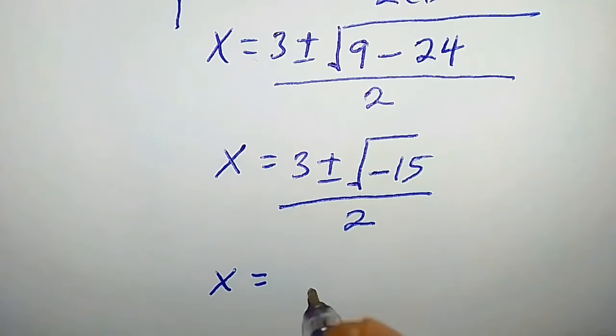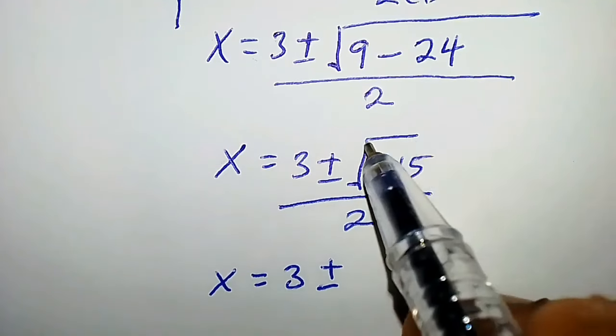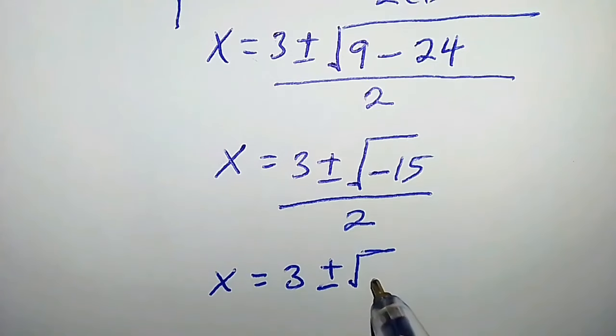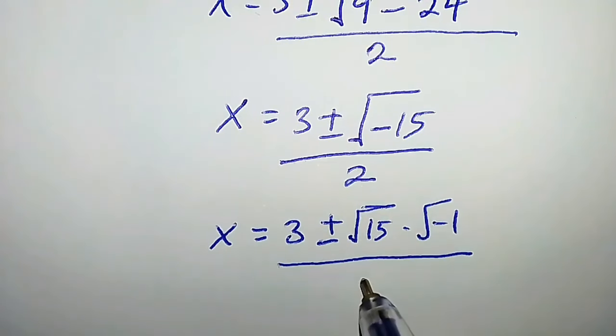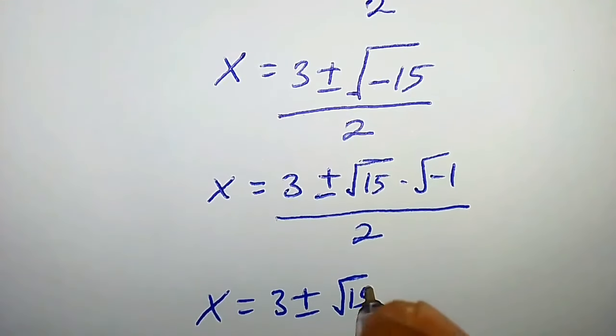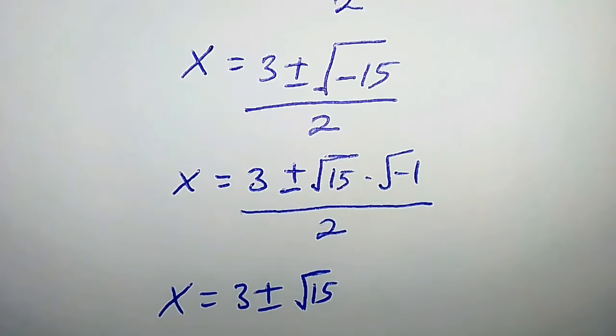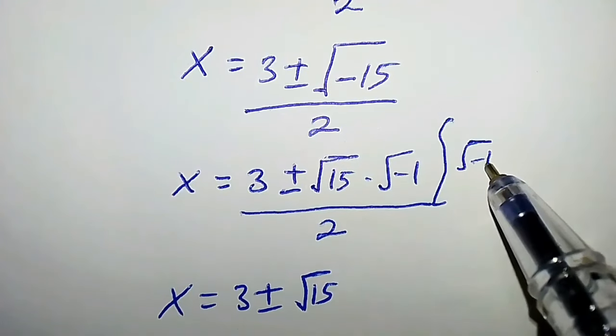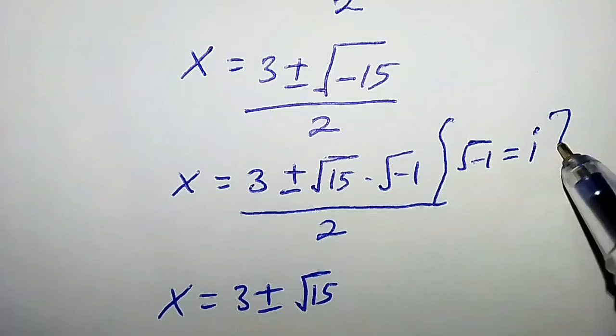Let's continue. x is now equal to 3 plus or minus. I can rewrite square root of minus 15 as square root of 15 times square root of negative 1, over 2. Don't forget, from the complex number, this square root of minus 1 is equal to i.